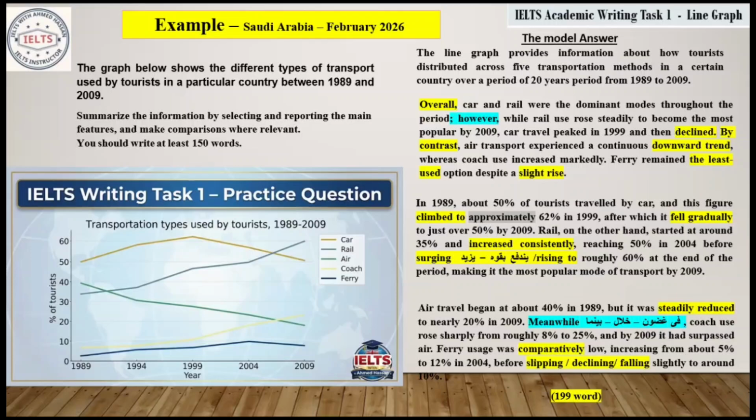Air travel began at about 40% in 1989, but it was steadily reduced to nearly 20% in 2009. Excellent. He wrote about air travel and said that air travel began at about 40% in 1989, and it was steadily reduced to nearly 20% in 2009.